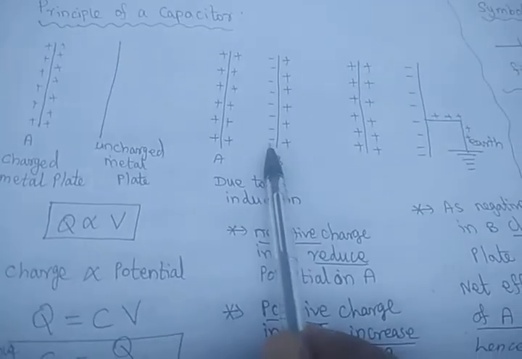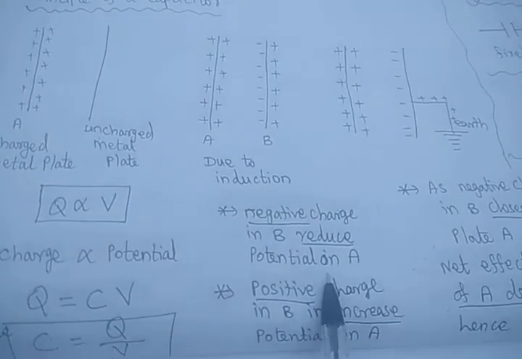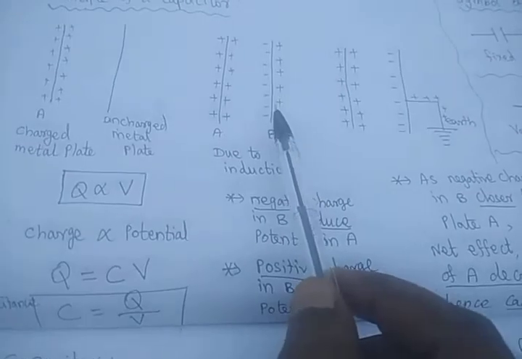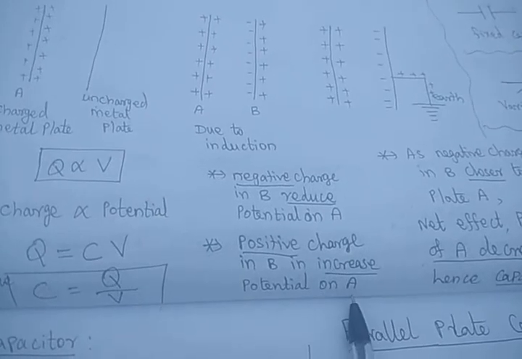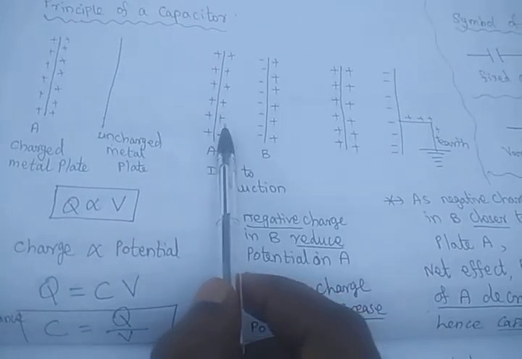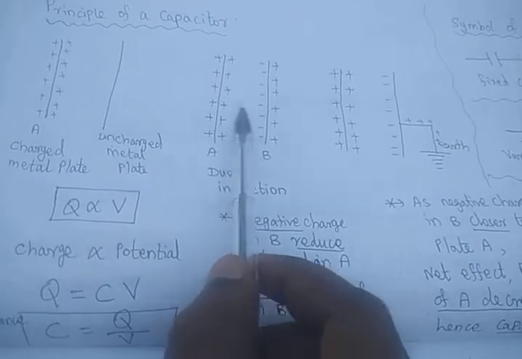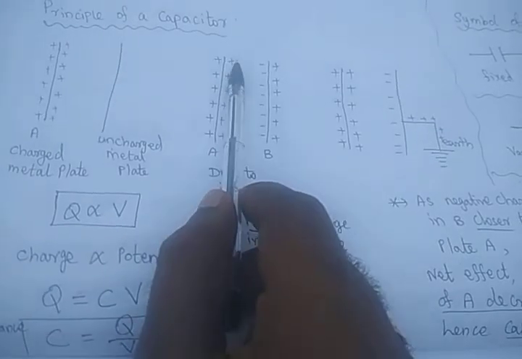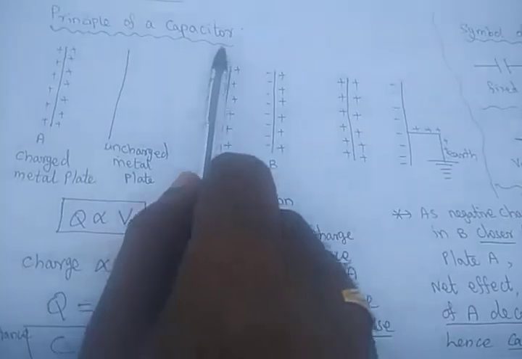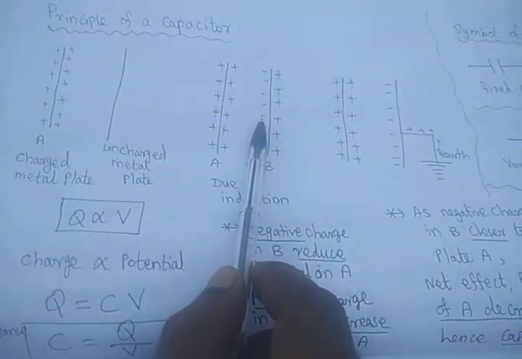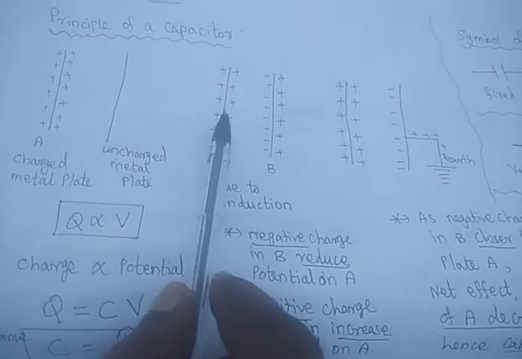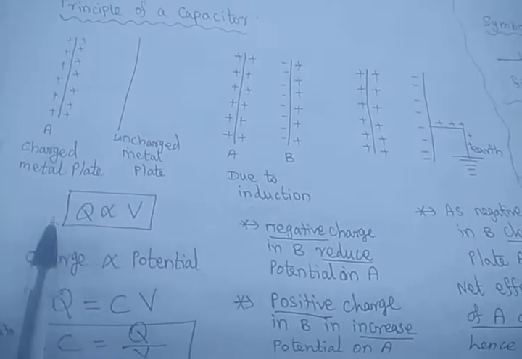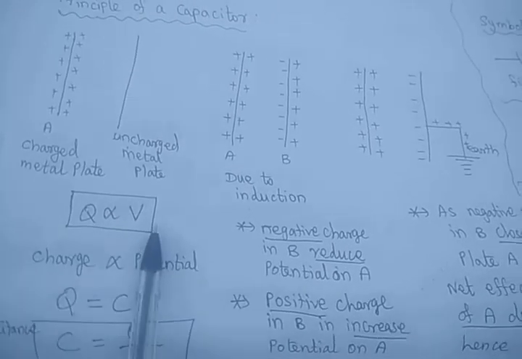So the negative charge in B reduces the potential on A, and the positive charge in B increases the potential on A, because these are opposite in sense. The negative charge cancels out some of the positive charge present in A, so the potential is reduced. Why do I say the potential is reduced? Because when the charge reduces, the potential reduces, as charge and potential are directly proportional.